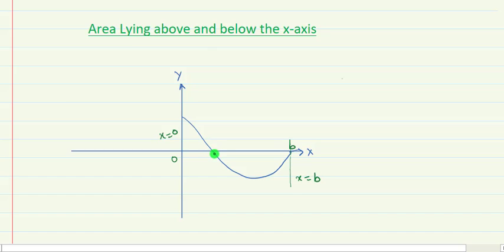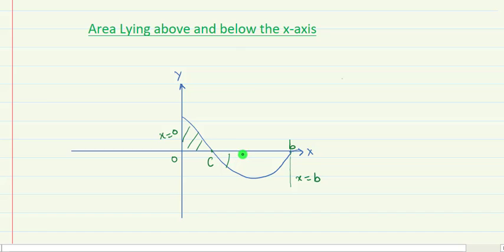Now let me name this portion where the curve changes from the upper side of the x-axis to the lower side. Let me name it as c. So from 0 to c, the area which we need to find out, let me shade the area.